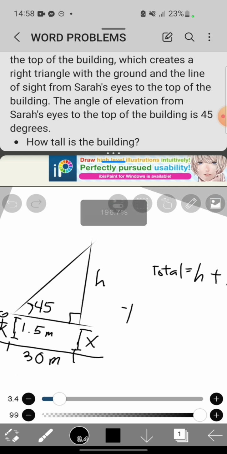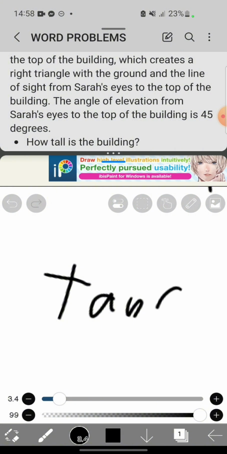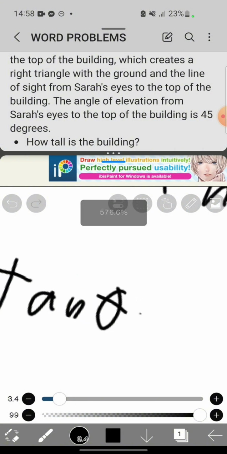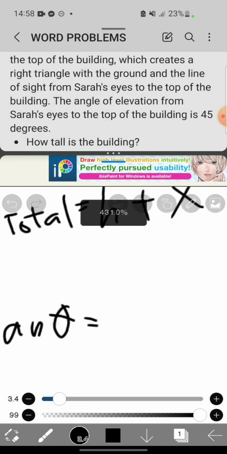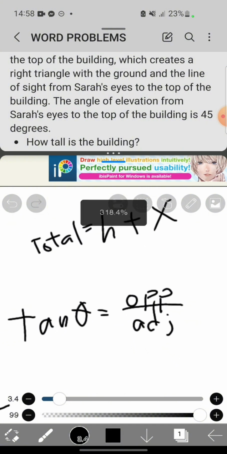TOA: tan theta equals opposite over adjacent.